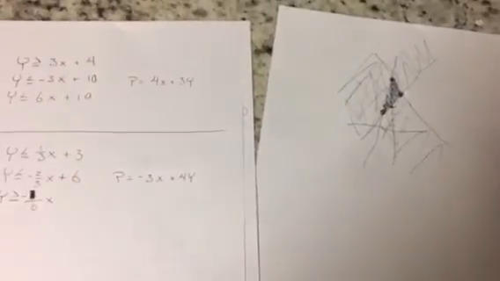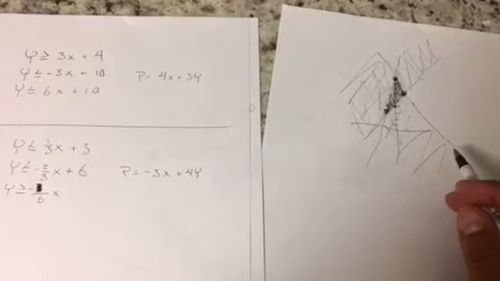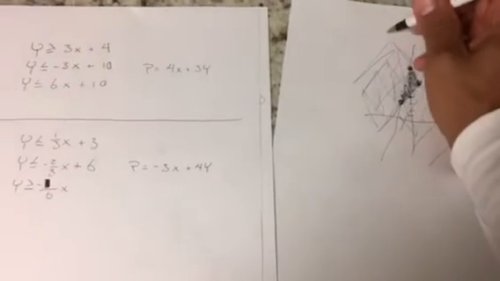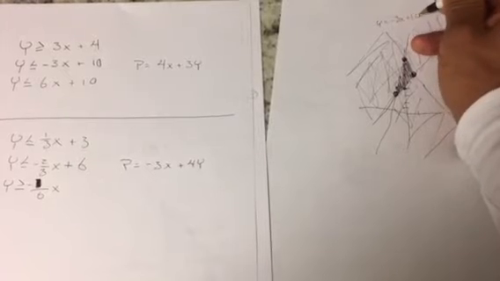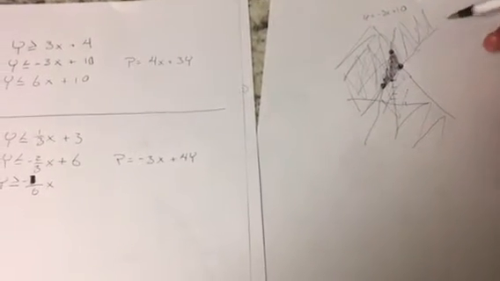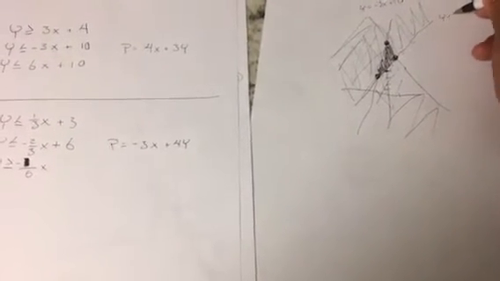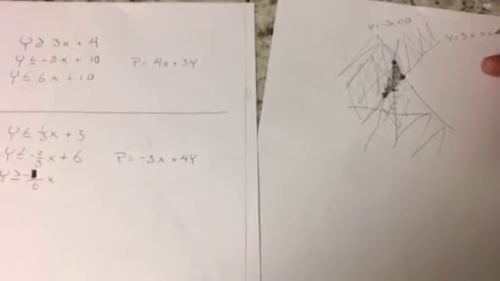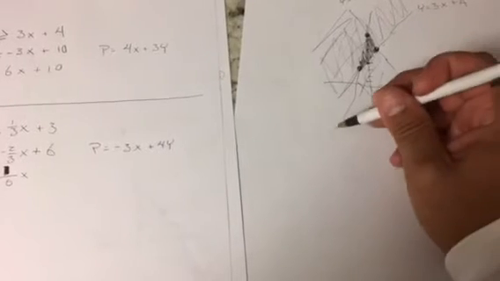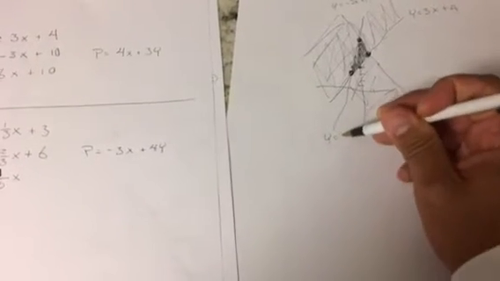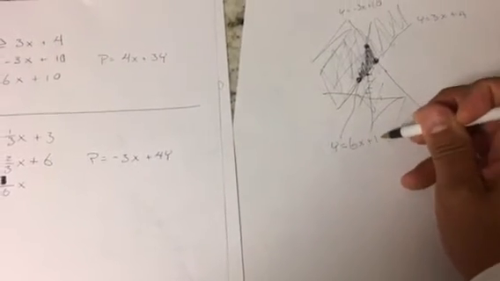I like to write my inequalities as equations next to the line to help me out. So I'm going to say this is y equals -3x plus 10. This one is y equals 3x plus 4. And this one is y equals 6x plus 10.